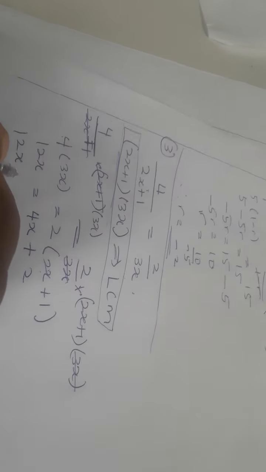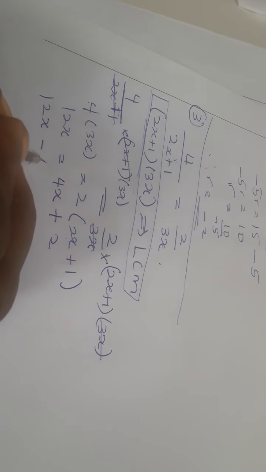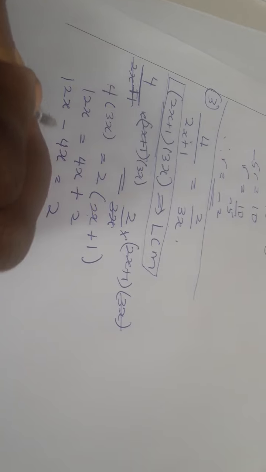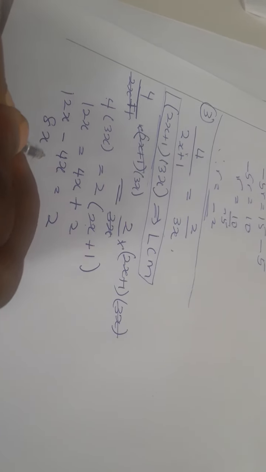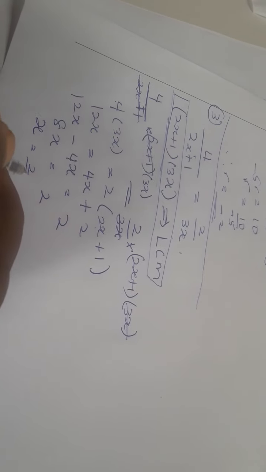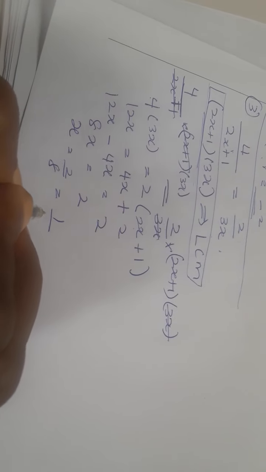So you collect the like terms, you have 12x minus 4x is equal to 2. 8x is equal to 2. Therefore, x is equal to 2 over 8, which is equal to 1 over 4.